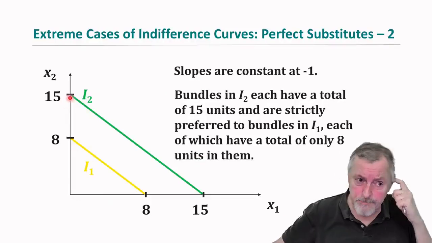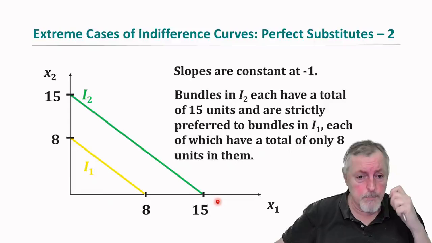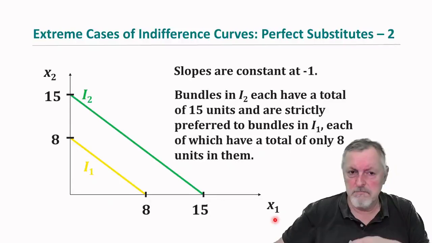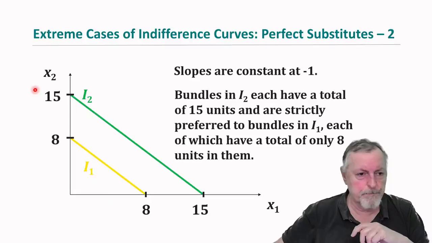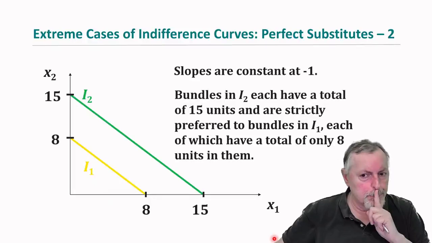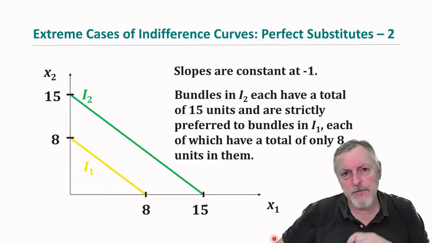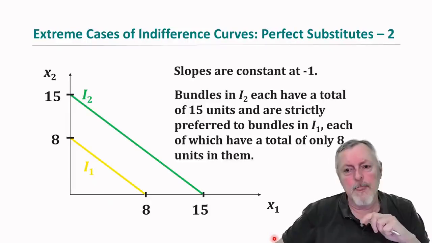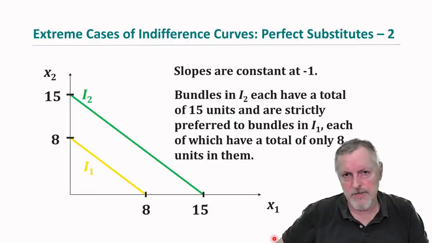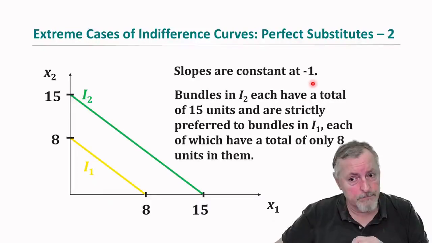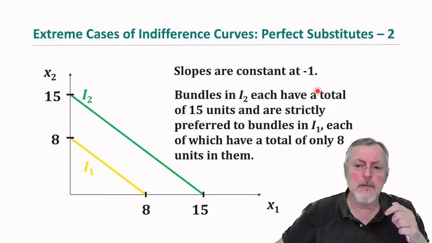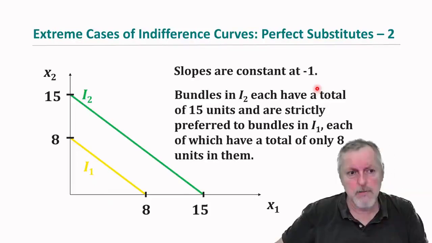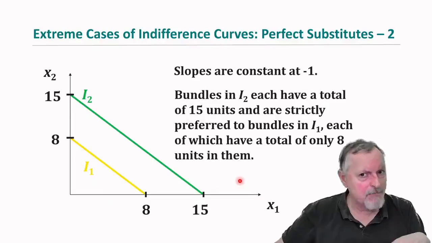With perfect substitutes, you tend to purchase one or the other, but not both. Here is the indifference curve for perfect substitutes between commodity 1 and commodity 2. The defining characteristic of perfect substitutes is that the slope of the indifference curve is constant, not that it is -1. The text uses the example of the case where it is constant at -1, but it doesn't have to be.